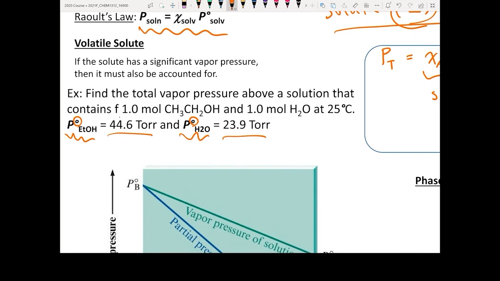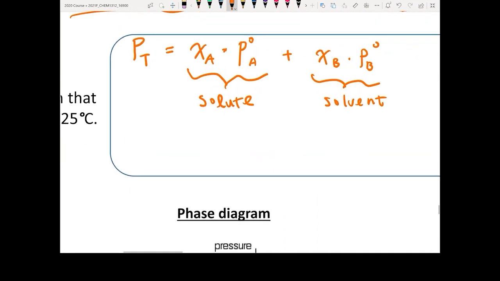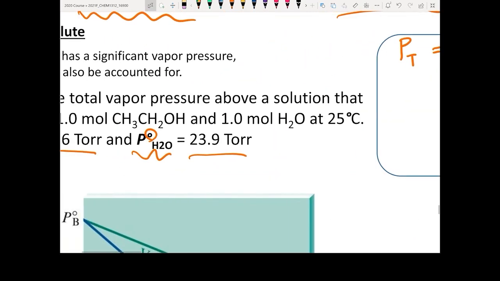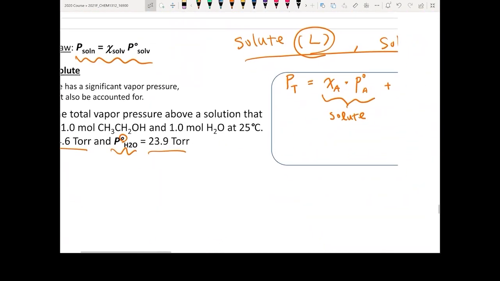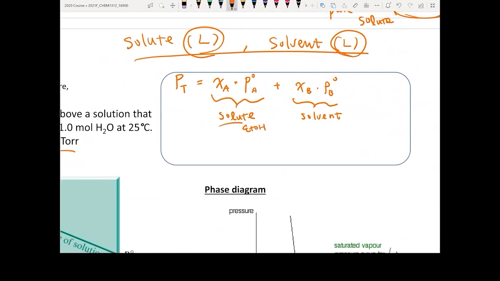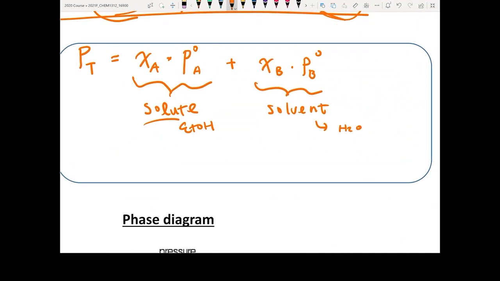When you see this liquid-liquid solution and the keyword vapor pressure, that's the go-to equation. If you have a solid solute and liquid solvent, then the go-to equation is simply Raoult's law. Okay, so let's do this calculation quickly. Our solute is ethanol. Our solvent is water.